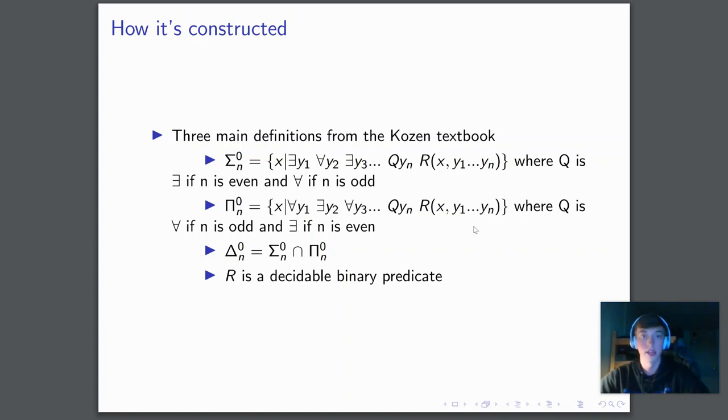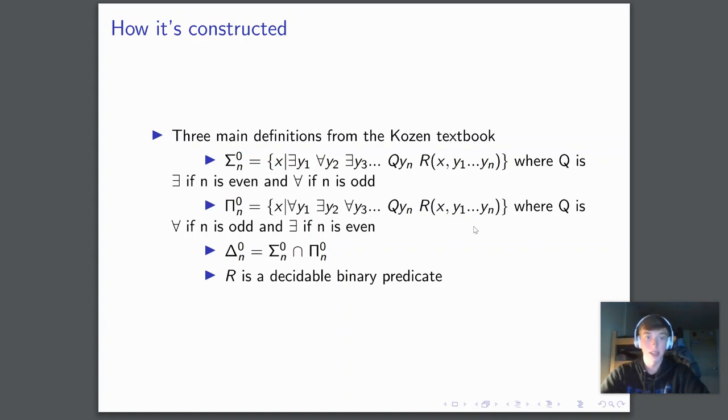So just how many quantifiers you're going to alternate between. This is the way that sigma 0n is defined. And pi 0n is defined in pretty much the same way, except that it starts with a universal quantifier instead of an existential quantifier.